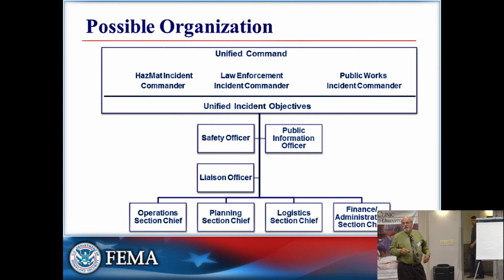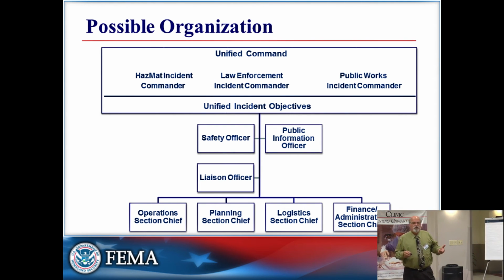Again, it depends upon the nature of the incident, the nature of the hazard, the nature of the event. What's the risk that we're trying to mitigate? Unified incident objectives, meaning collectively everybody agreed what had to be done, all right? And then we could still then have a single safety public information liaison and so on.